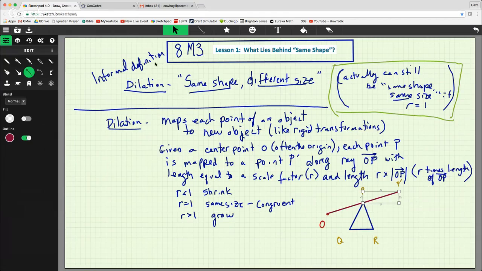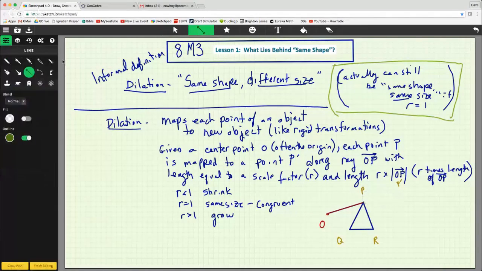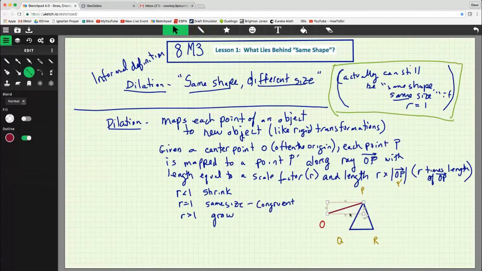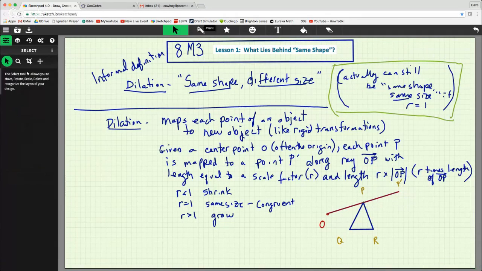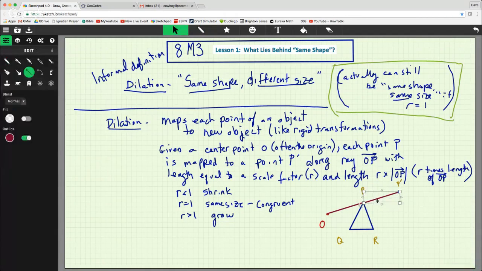I doubled the length. Now let's make the line in green. Oh, where did my line go? Okay, here we go. We're having problems again. So we're going to put it right here. Now I'm going to take my point, make it blue, and put it here. And now I'm going to go back and delete my rays.